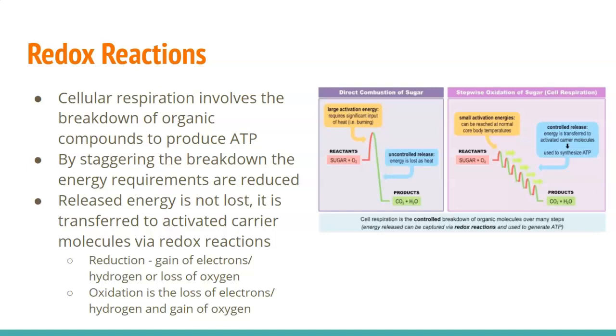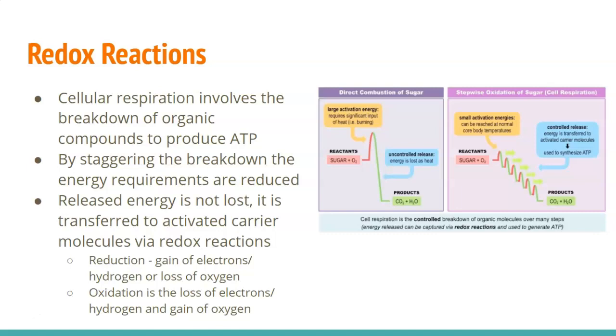So when you do direct combustion, which is basically this first picture right here, you have a really big activation energy, like you're burning it or something. And so the reactants have this huge activation energy and then an uncontrolled energy release, which means most of your energy has been lost as heat, which is, if you remember, I said that's a total waste of energy.